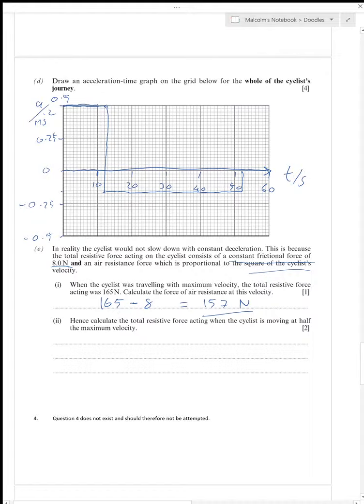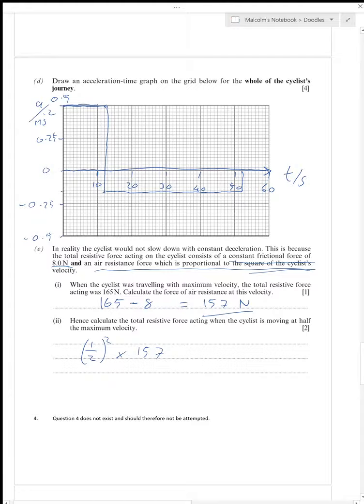Hence calculate the total resistive force acting when the cyclist is moving at half the maximum velocity. So this air resistance force is proportional to the square of the cyclist's velocity. So if I half the velocity, that is 1/4 of the resistive force, because it's a half squared. So that would give me the air resistance force.